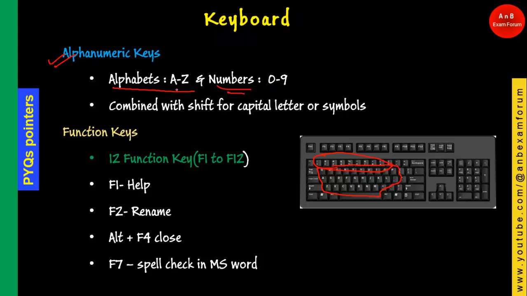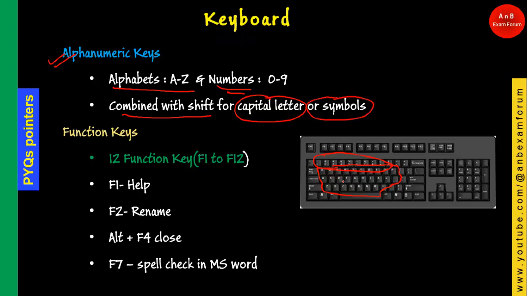So 10 numbers are there, 26 alphabets are there. And you should remember that these keys, when combined with the shift key, are used for obtaining the capital letter or the corresponding symbols.